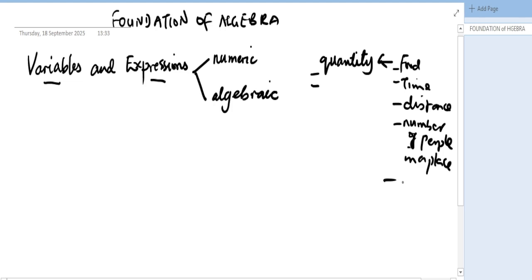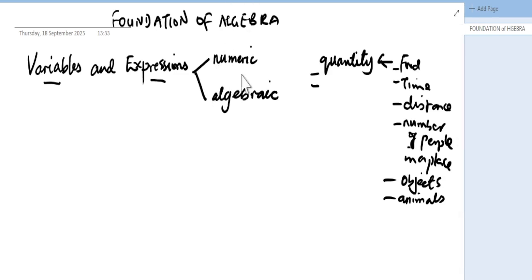It could be number of objects, let it be animals, anything at all that can be measured is going to be called quantity. Whatever can be measured is going to be called quantity.